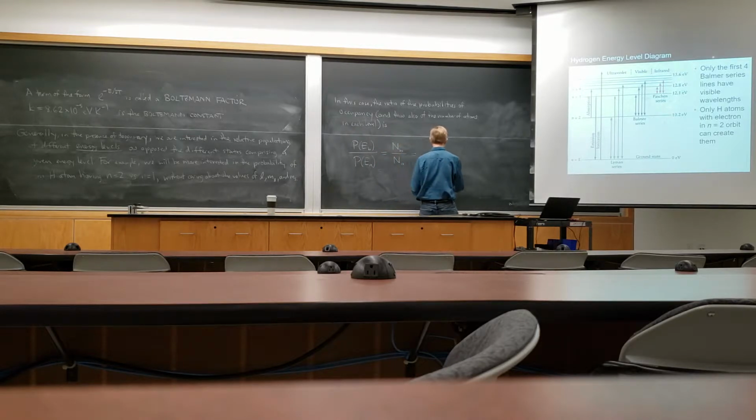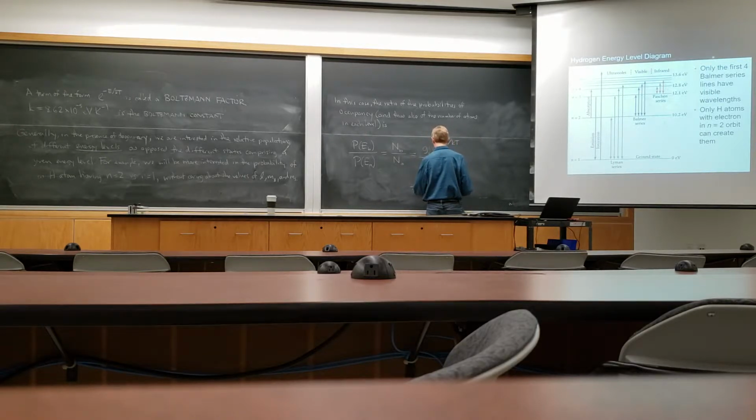We have what we had before, except now we have to multiply by what we call the degeneracies, the number of different states that have the same energy. So we get G sub B, which is the number of states having energy B, times e to the minus EB over KT, because they all have the same probability as one another, since only the energy matters, divided by G sub A, e to the minus EA over KT.